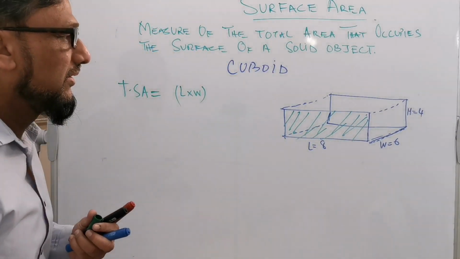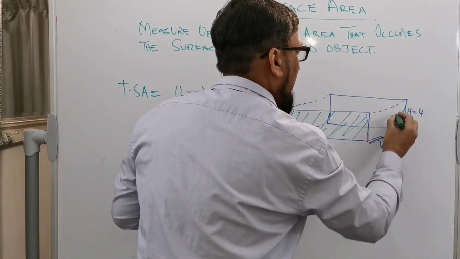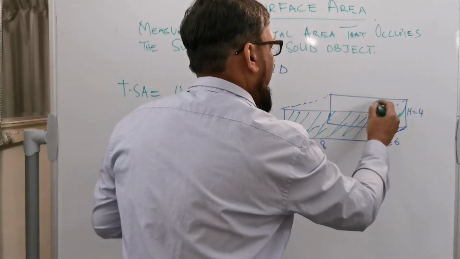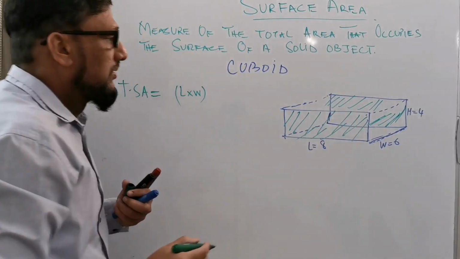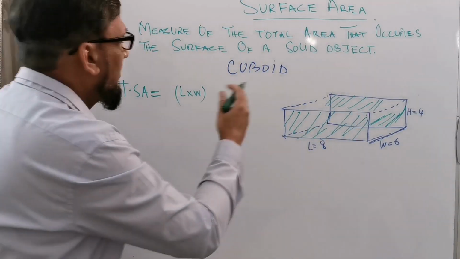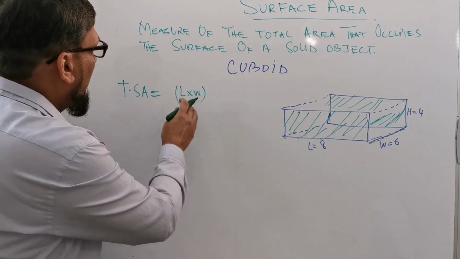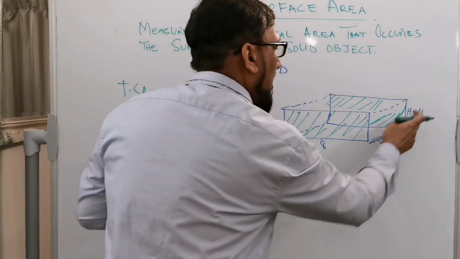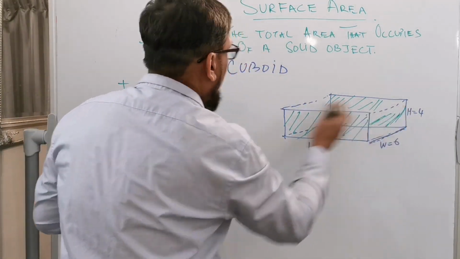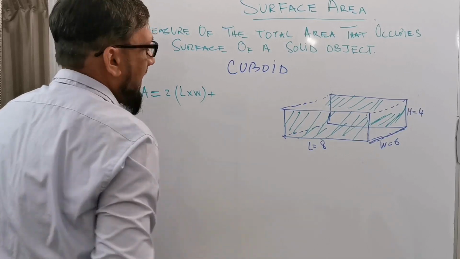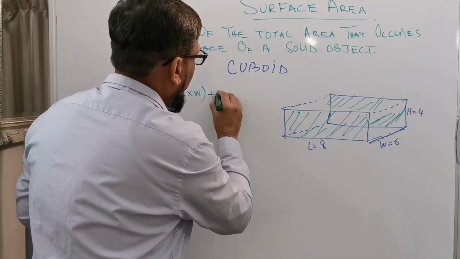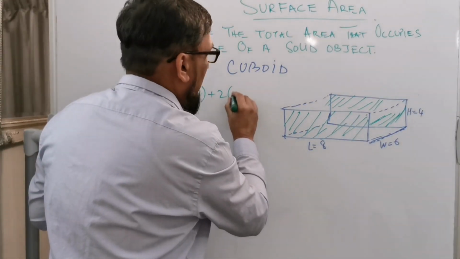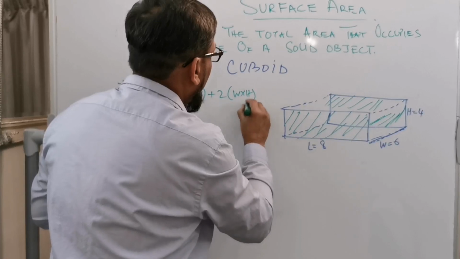This is the front one, and the back is the same. So 2 times length times width, and 2 times width times height.